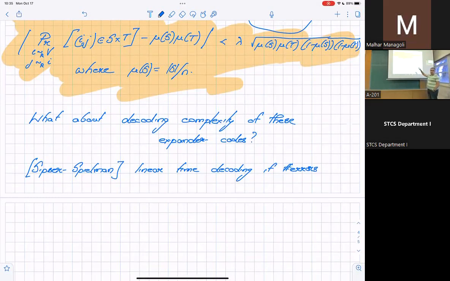The question is, can you go up? They were not able to prove half of it, only much smaller. What they were able to show is delta naught squared by 48 times some constant of the distance, but not all the way up to what we know is at least the unique decoding radius. This is the original paper of Sipser-Spielman.